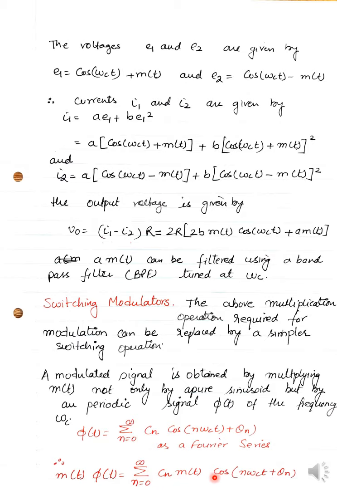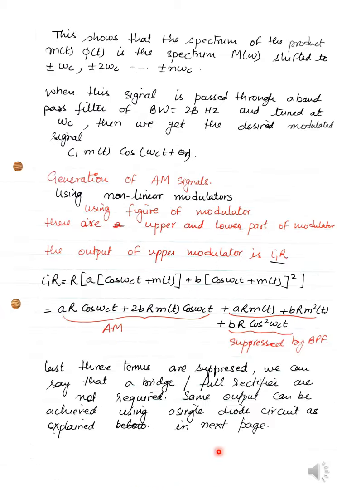So m(t) into phi(t) will be equal to this, which shows that the spectrum of the product m(t) phi(t) is the spectrum M(omega) shifted by plus minus omega c, plus minus 2 omega c, and so on.